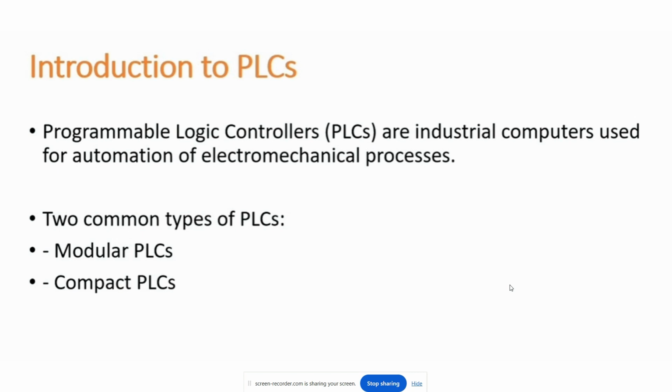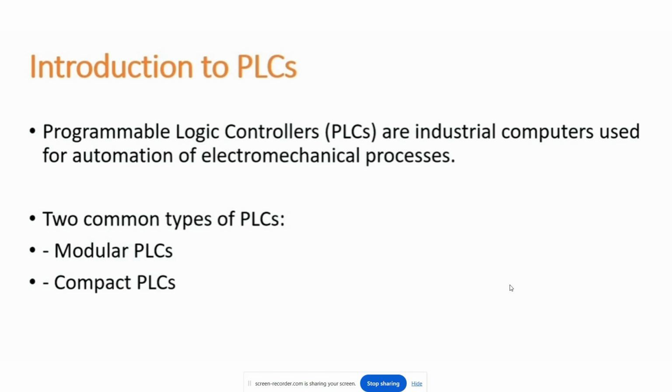So as we said earlier, a PLC is a digital computer used in industrial automation to execute logic programs. But also, these are industrial computers used for automation of electromechanical processes.